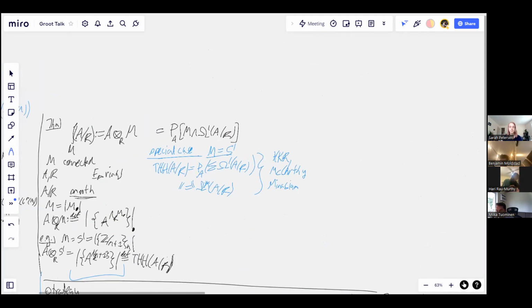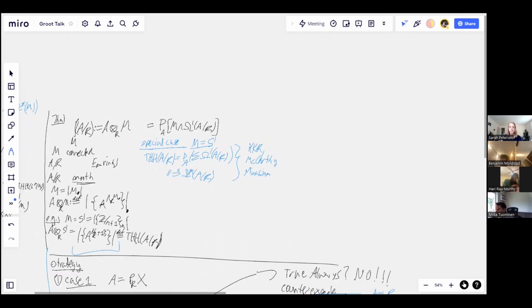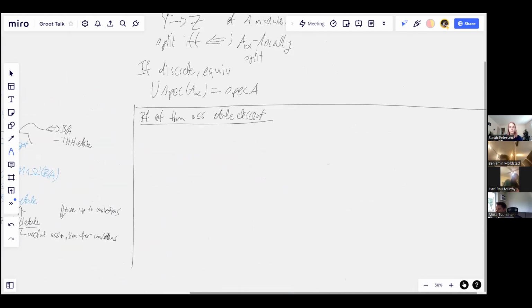For polynomial algebras, the theorem says the following.